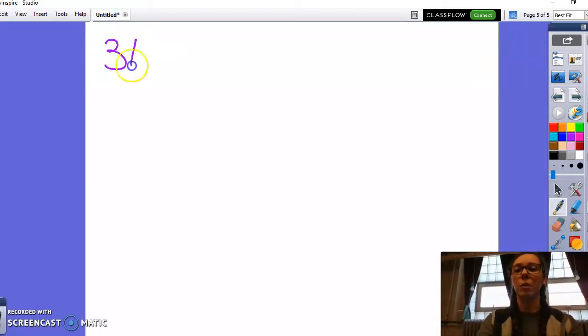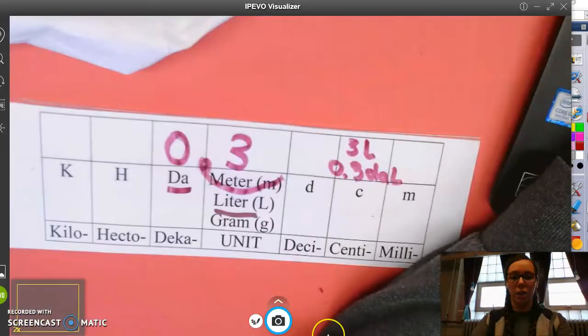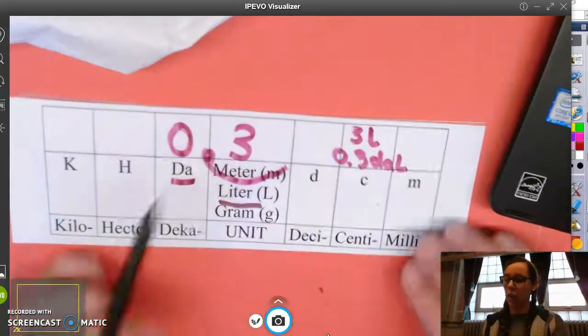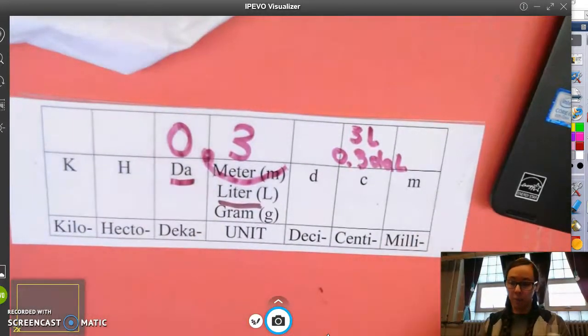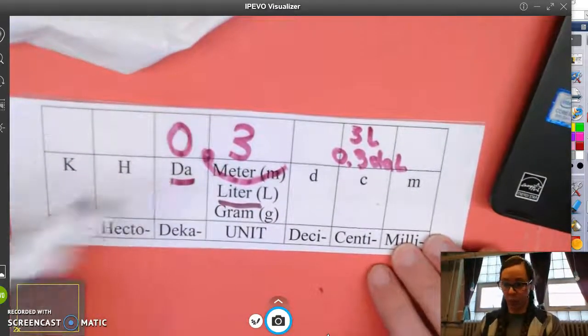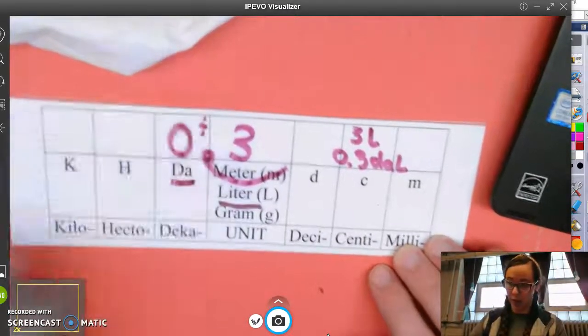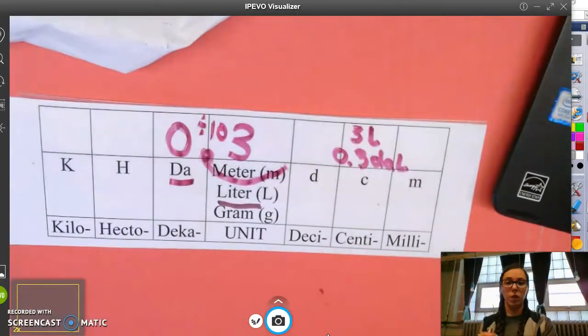Okay, we started with 3 liters, and we wanted to know how many deciliters that was. And on our chart here, we moved our decimal point this way 1 time. When going from a smaller unit to a bigger unit, we divide, and since we only moved 1 box, we divide by 10.